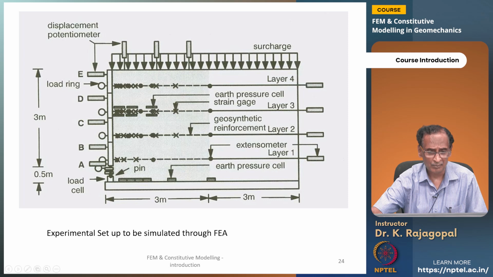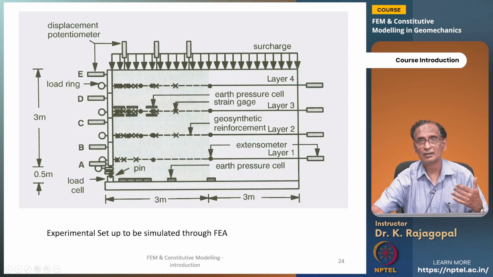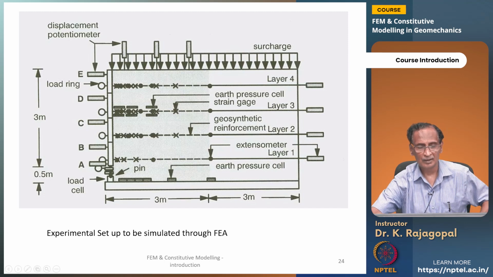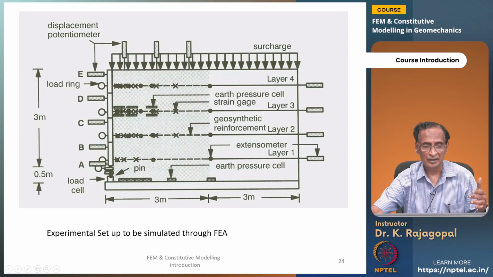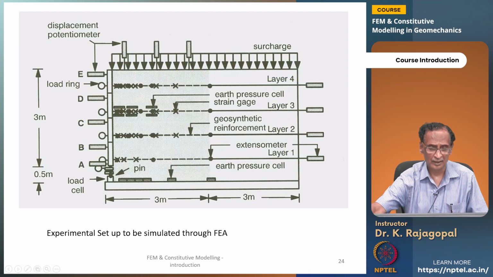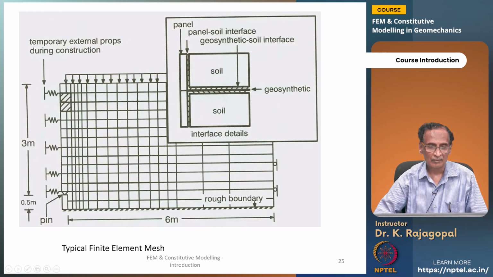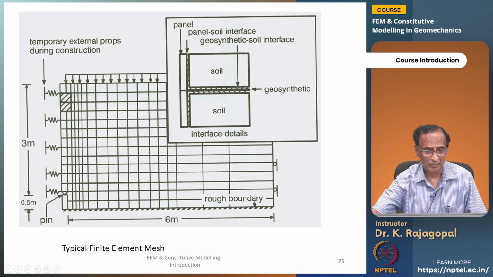A number of measurements were made for measuring the strain within the reinforcement layers, or the deformations, and then the earth pressures, and then the loads that are developed within the reinforcement layers, and so on. And this is the finite element mesh, and actually this is the close-up of it.